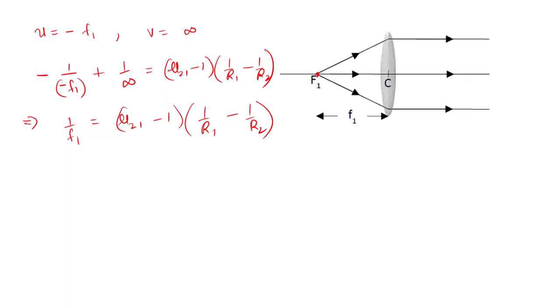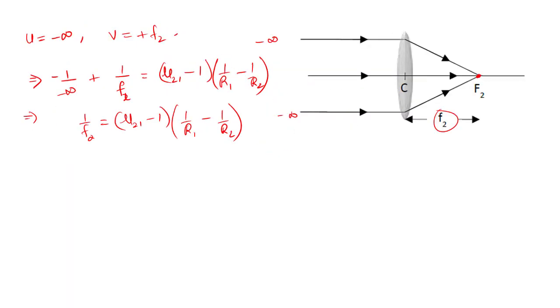Then comparing these two equations for 1 by f1 and 1 by f2, we find that they are the same. So f1 is equal to f2, and it is equal to f. Let f be equal to both f1 and f2.